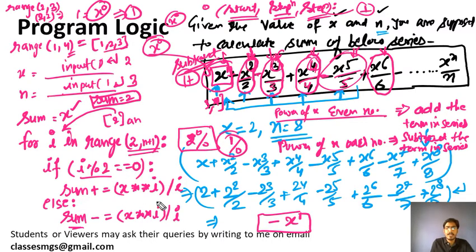Sum value is 2 already, it will add this value into the sum. So x value is 2, 2 double star i value is 2, 2 double star 2 divided by i value is 2. So this will be the expression, this will be the new sum value. So 2 plus 2 raised to power 2 is 4 divided by 2.